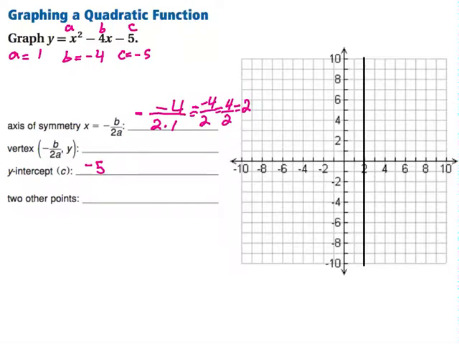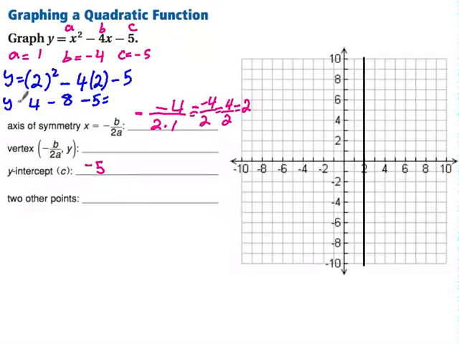So let me use a different color so you guys don't get confused. So y equals, and we said x equals 2, so 2 squared minus 4 times 2 minus 5. 2 squared is 4, and -4 times 2 is -8, and then minus 5.